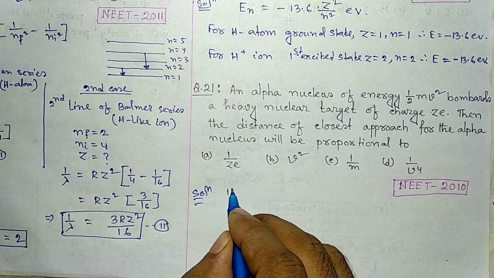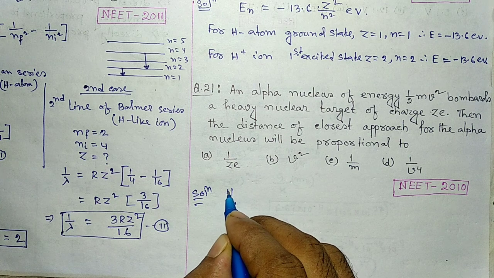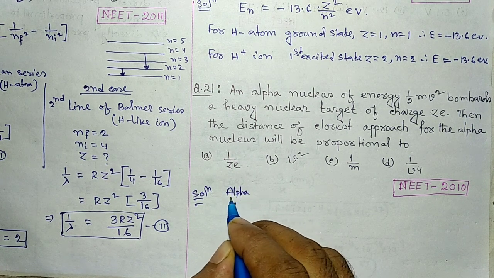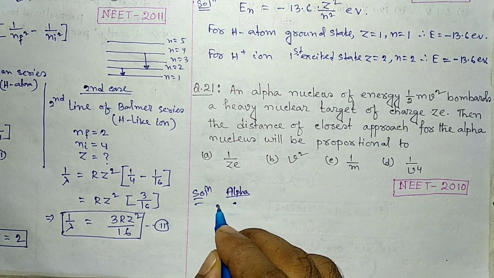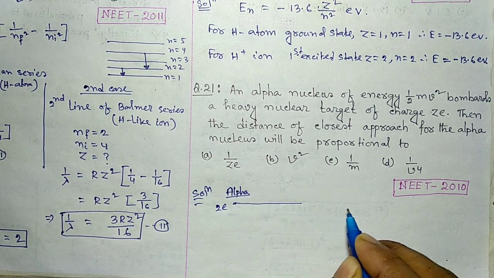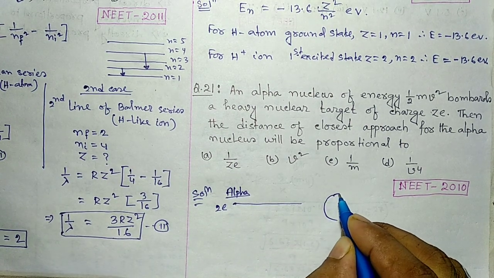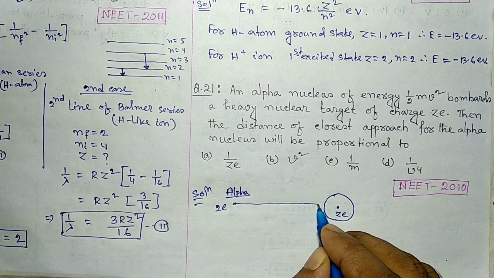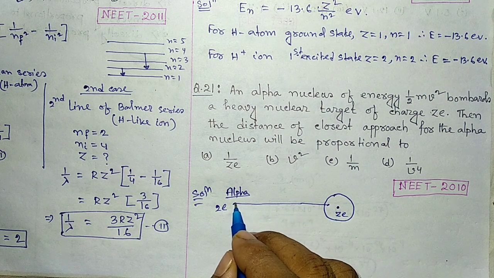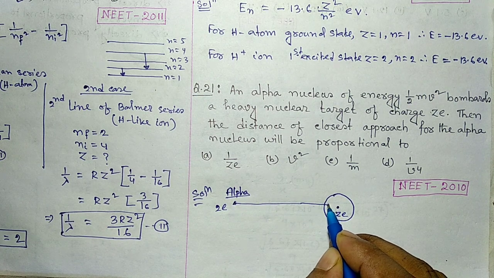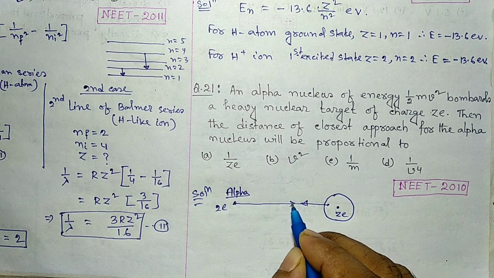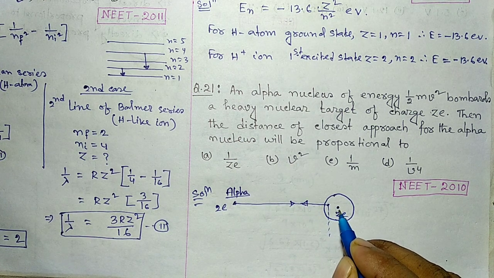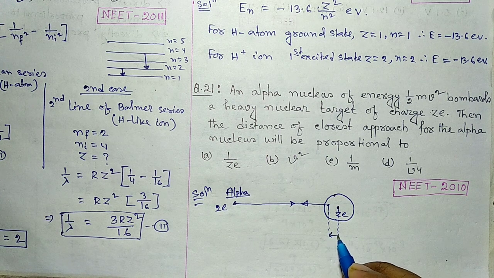So this is an alpha particle. Charge is 2e. It hits a nucleus of charge Ze. Now this alpha particle comes closer that much and rebounds back. The distance it approaches to the nucleus is called closest distance.